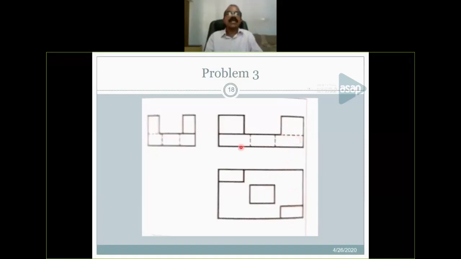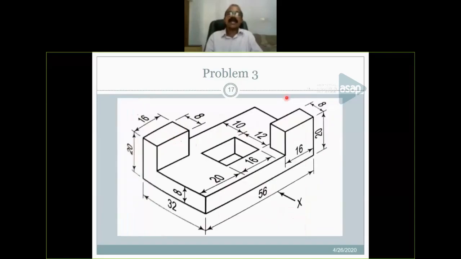Similarly, looking from the right side of the object, you have to plot the right side view. So the right side view you have to plot on the left side of the object. So that also you can see. So looking from the right side of the object, we are looking in this direction. We can see this face, say this front, this face, the other front face, and the bottom face.